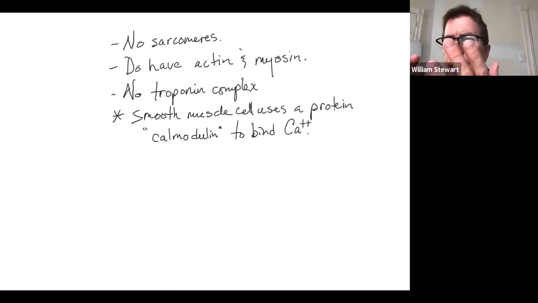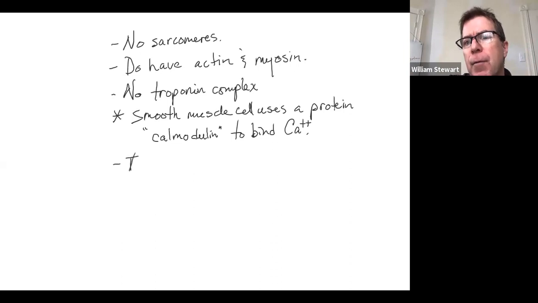So there is actin, there is myosin. Calcium is involved, but differently. It's not really stored in the cell; it comes from outside of the cell during contraction. The thick and thin filaments, actin and myosin, are arranged diagonally, not in a long straight pattern like skeletal muscle.